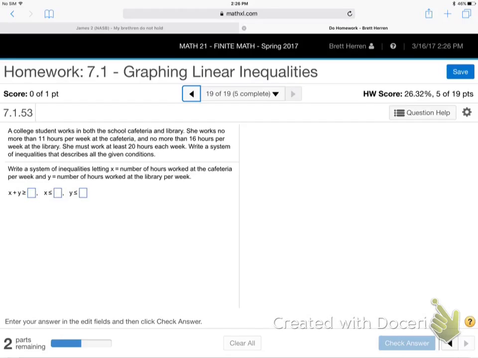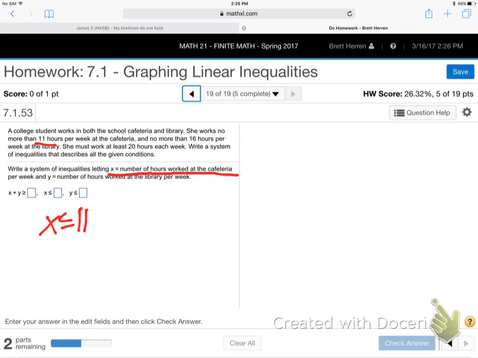All right, so she works no more than 11 hours per week at the cafeteria. What is X? Oh, X, look down here. X is the number of hours at the cafeteria. So if she works no more than 11, that's less than or equal to 11, huh? If it's no more, then it's less or equal.